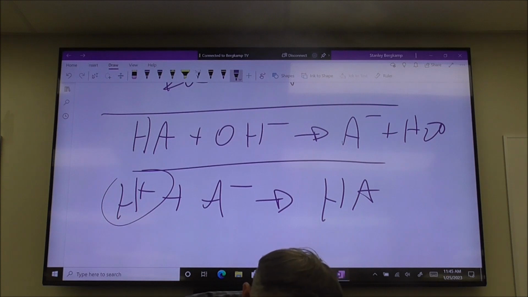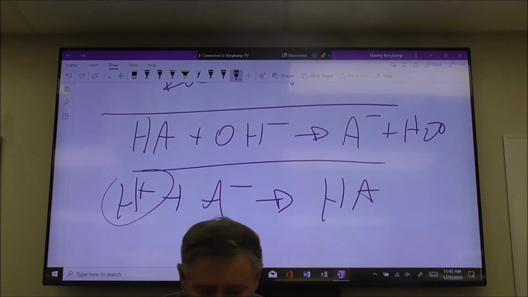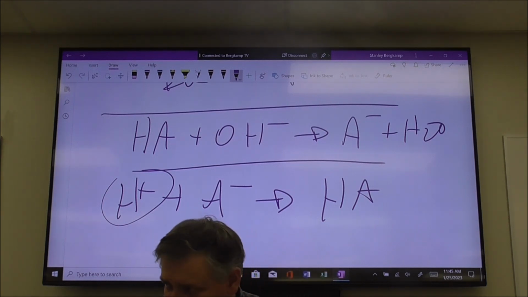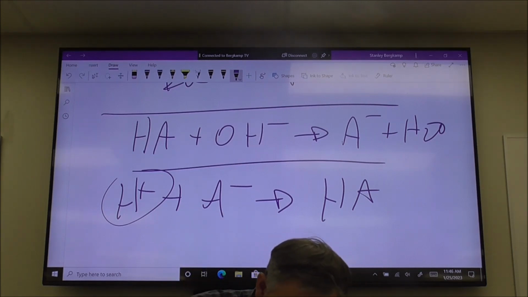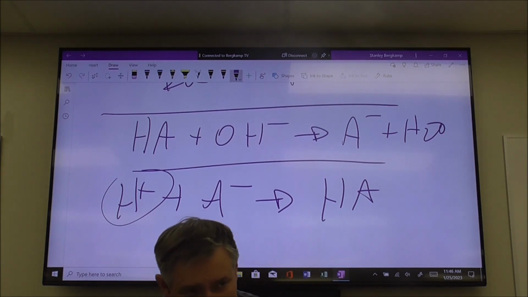Now, on number 6, notice when I type this up. On 5 and 6, they both are 50 milliliters. They're both 0.2 molar solution. But here's what's happening on number 6. 6 is a weak acid. 5 is a strong acid. Okay?